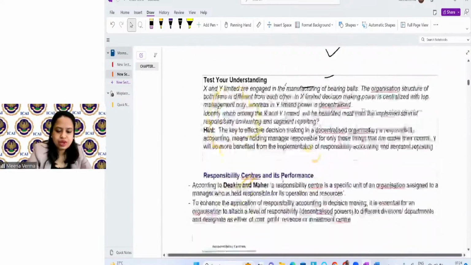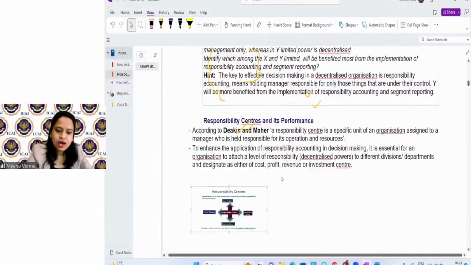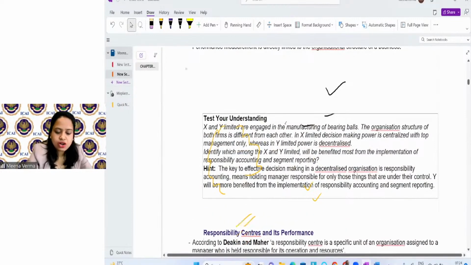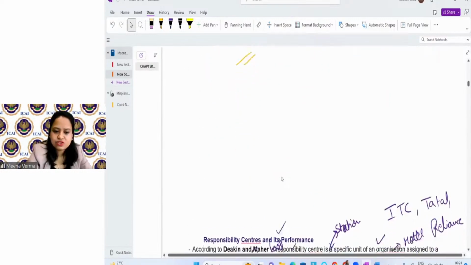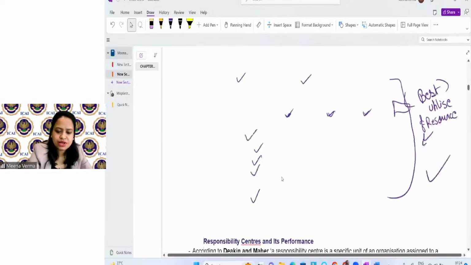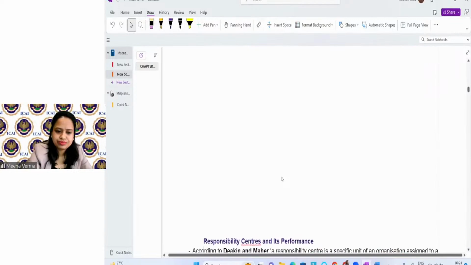Okay, now let's talk about what? We have not talked about centralized organization and decentralized organization. Let's talk about these types of organization also.